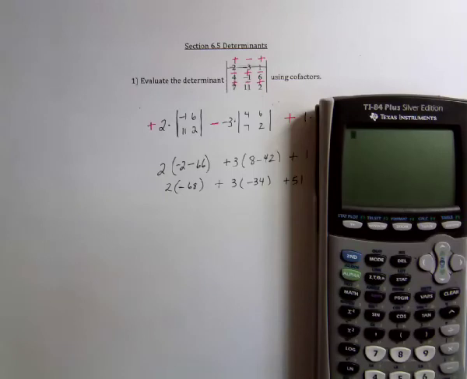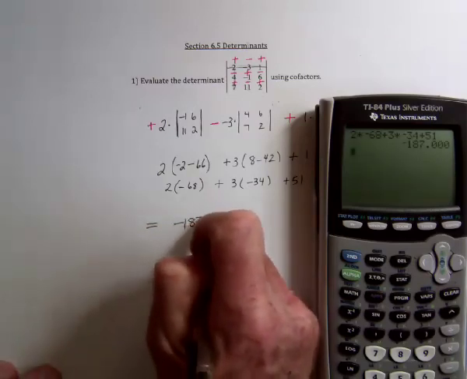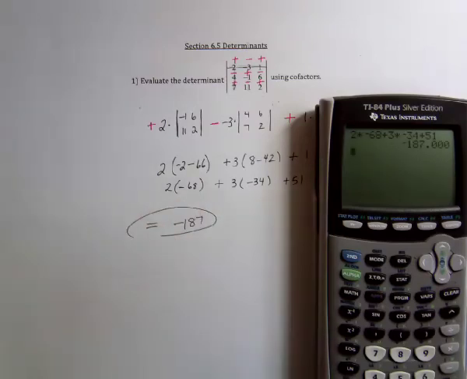So the determinant's going to be a 2 times -68 plus 3 times -34 plus a 51. So finally, -187 should be the determinant.